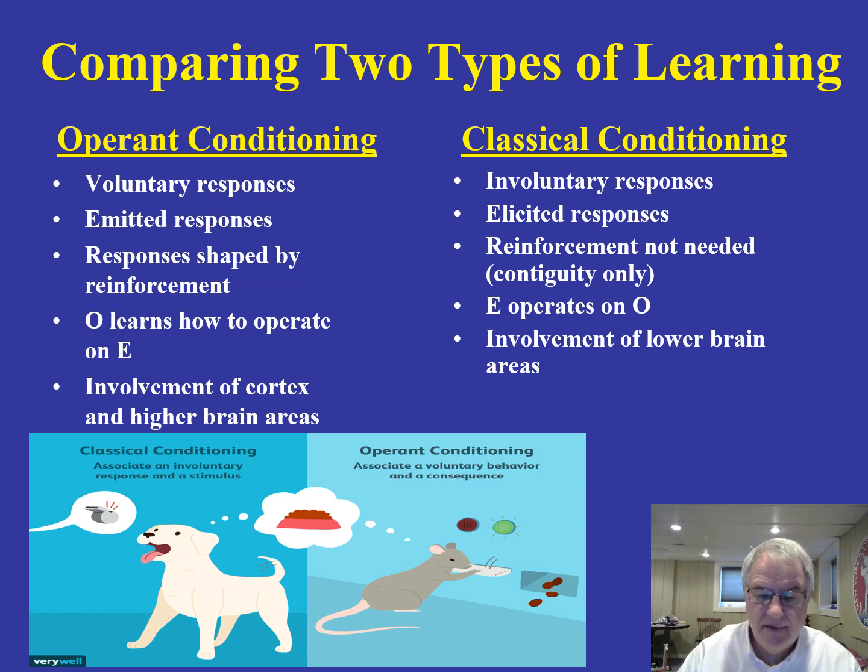Even though the cortex has more or less been taken out of the equation, they can still teach an animal a classically conditioned response. So those higher brain areas really are not needed for classical conditioning. Again, some important distinctions between these two different types of learning.